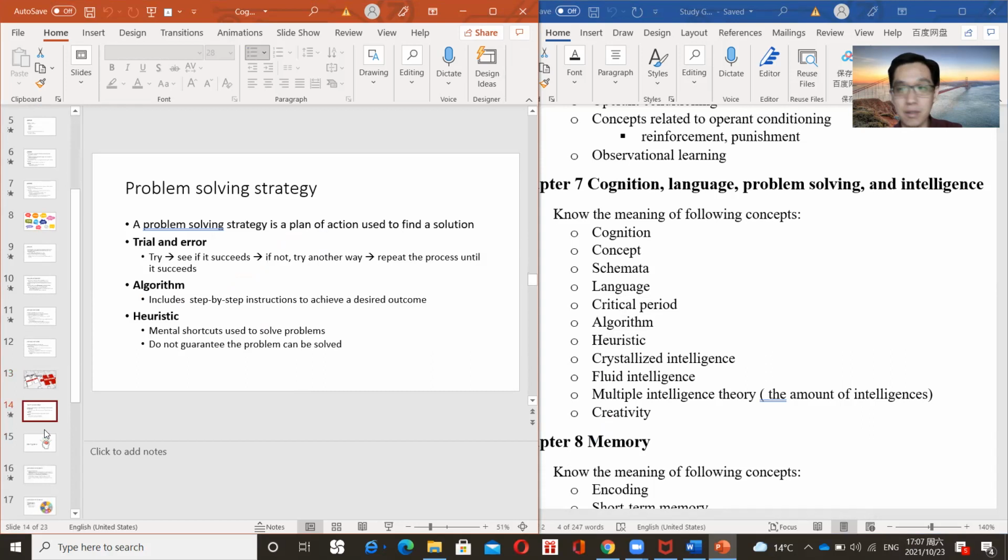Algorithm is just very detailed formal instructions to solve a problem. There are steps in an algorithm. You can just follow every step in that algorithm so that you can get a solution for that problem. So that is called algorithm.